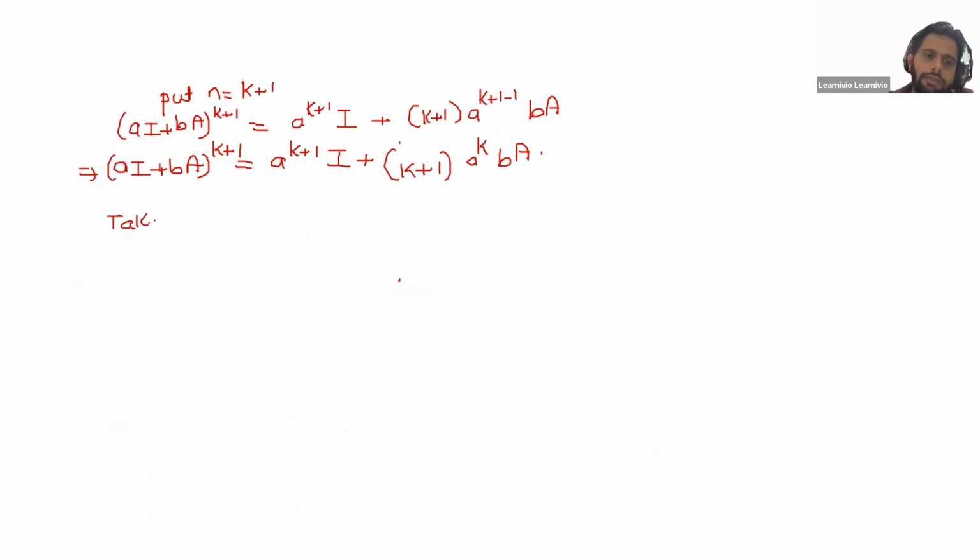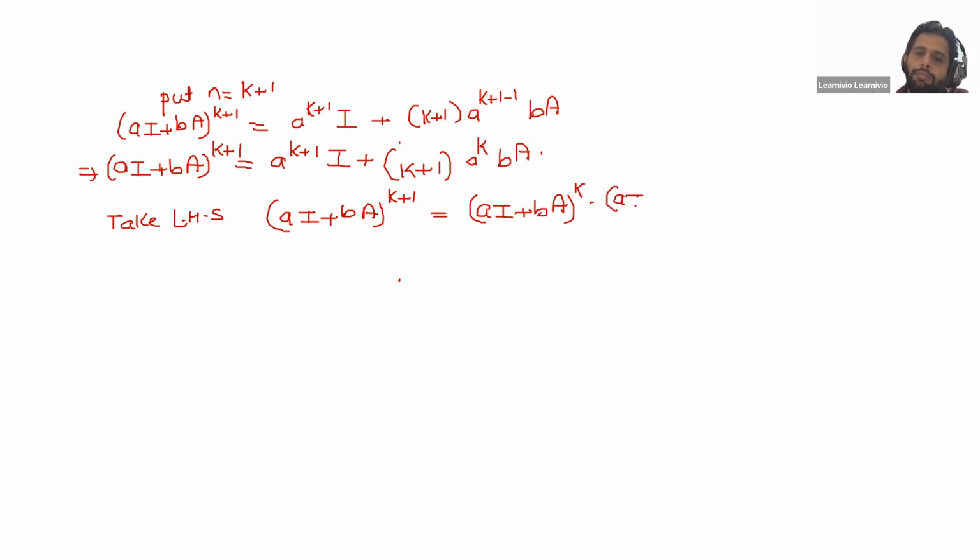Okay, now take LHS. Here we will take LHS. So LHS means (AI plus BA) to the power k plus 1. And this is equal to, now here we are adding the two powers. So that means (AI plus BA) to the power k into (AI plus BA).